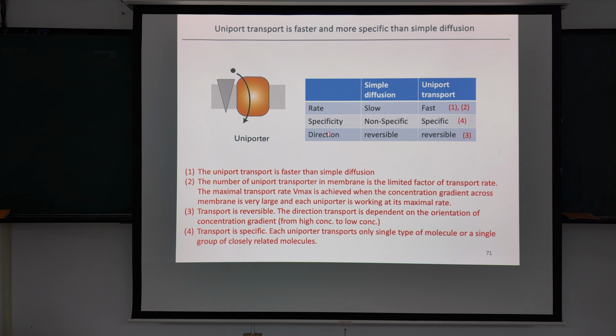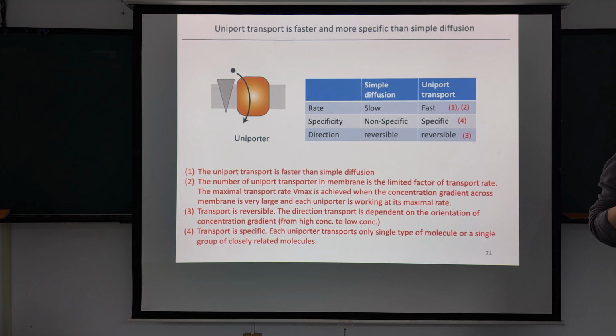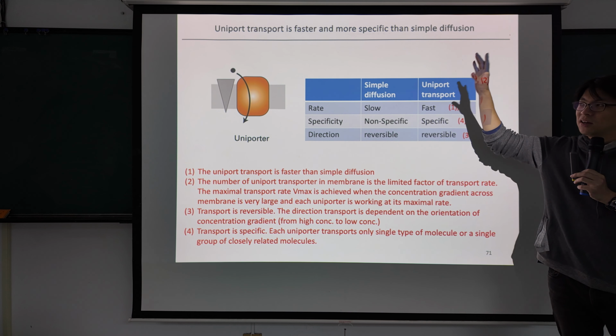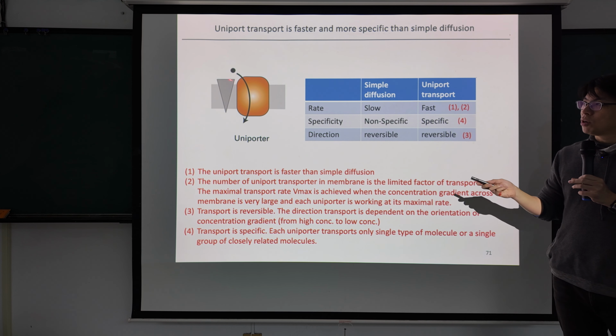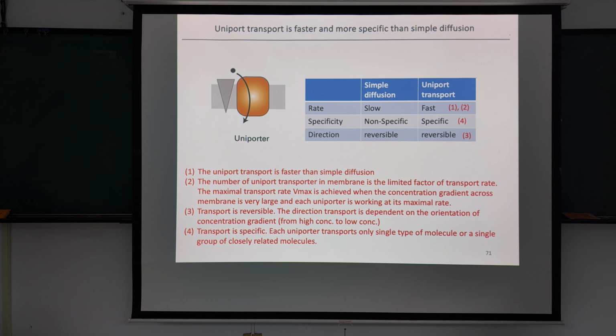And the direction is reversible. What does reversible mean? It means the transport can go this way or the opposite way. It totally depends on the electrochemical gradient of that molecule. The transporters don't decide the direction. The electrochemical gradient of the cargo determines the direction of delivery.